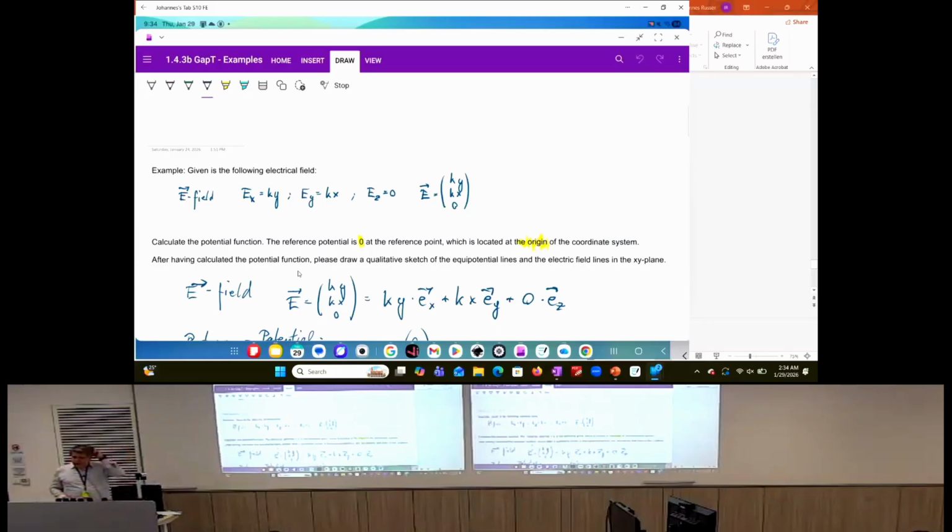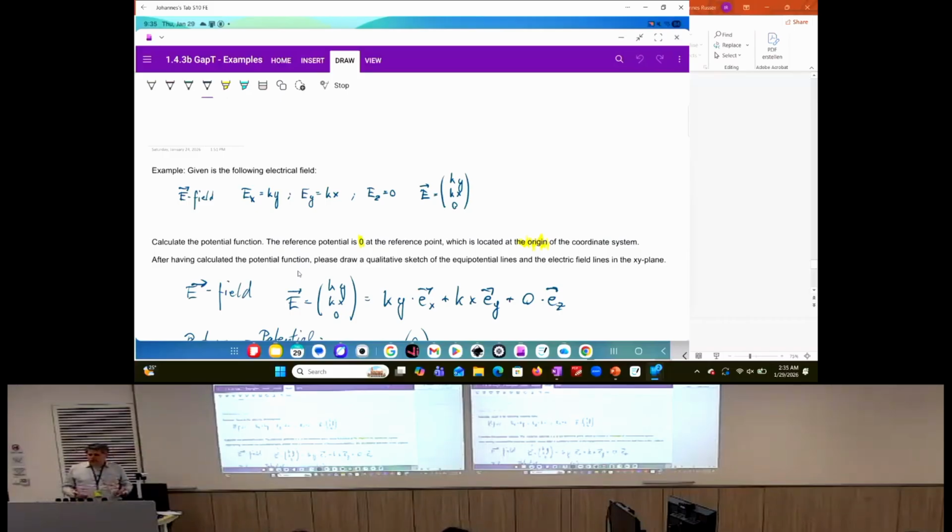Just maybe an outlook, because we will not get this advanced into the electromagnetic topics. In addition to that potential that we have been introducing for the electrostatic field, there's also a so-called vector potential, which you can use to obtain the electrodynamic field.